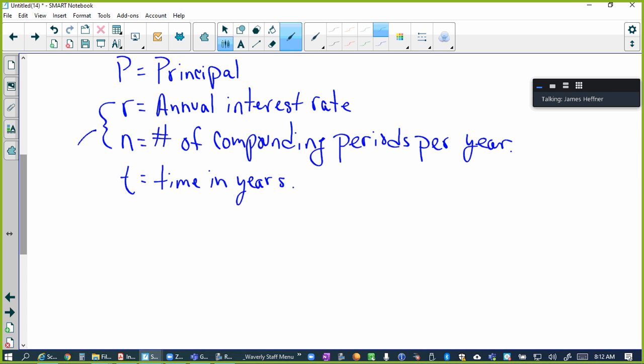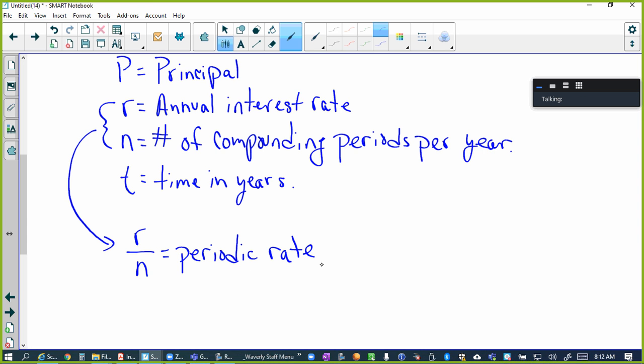So R, the annual rate divided by N, that equals what we call the periodic rate. In other words, you just take the annual rate and divide it by the number of compounding periods per year, and that's that periodic rate. Again, if it's monthly, you divide the annual rate by 12.